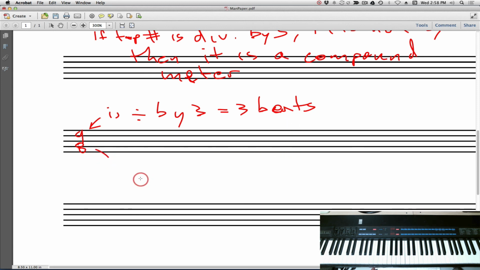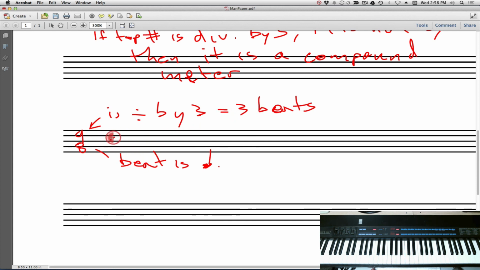And the bottom is an eighth note. And so if you put those 3 beats together, the eighth, remember, is the division of the beat. So if you put 3 eighth notes together, that's a dotted quarter. The beat is the dotted quarter, right? Okay, so we've got 3 beats of a dotted quarter equaling a beat.